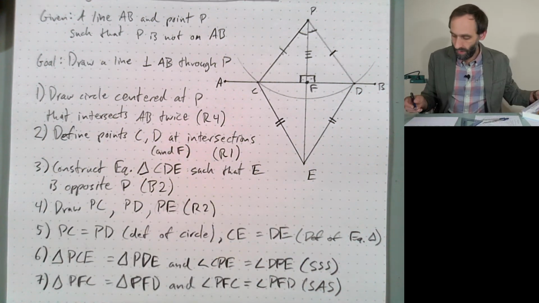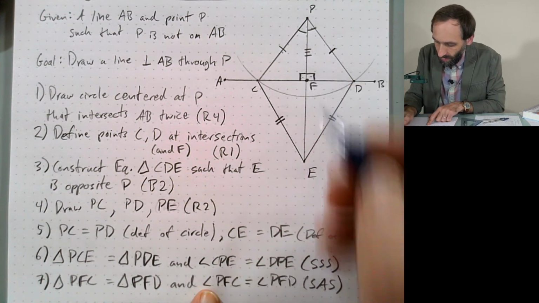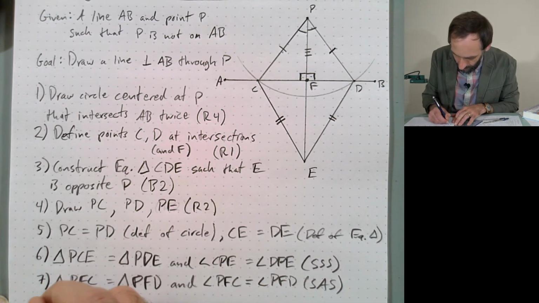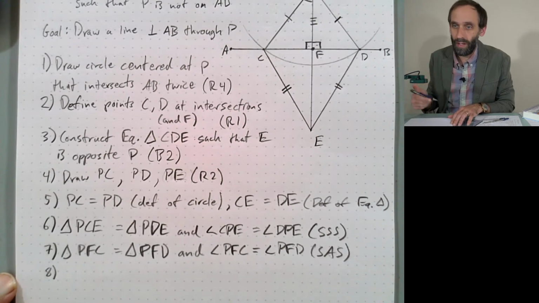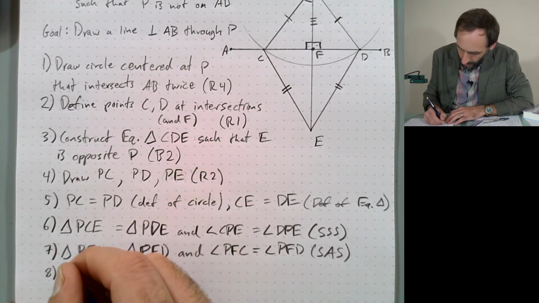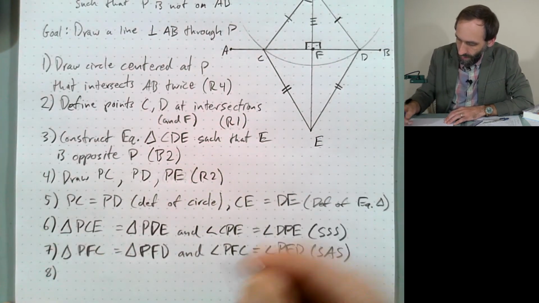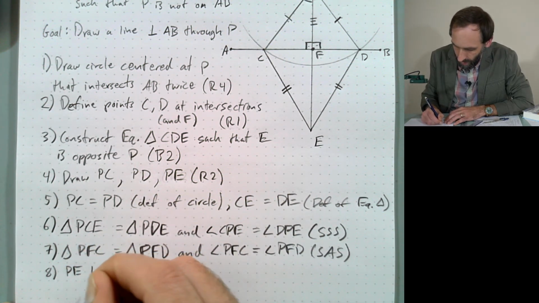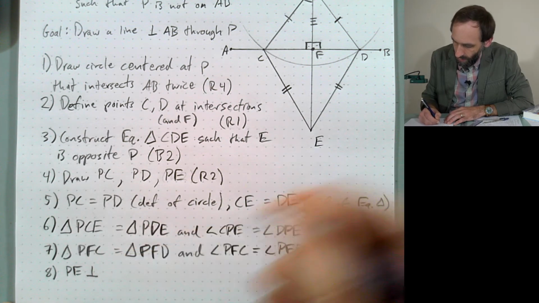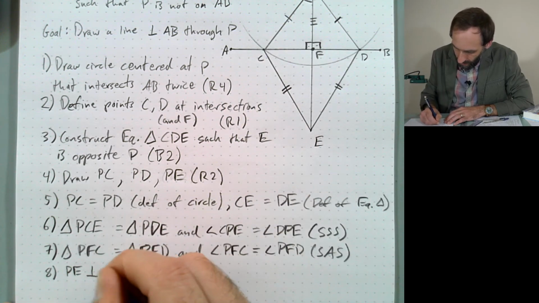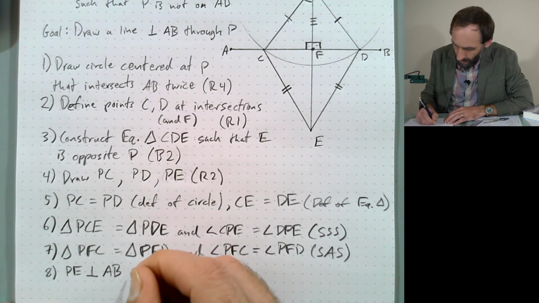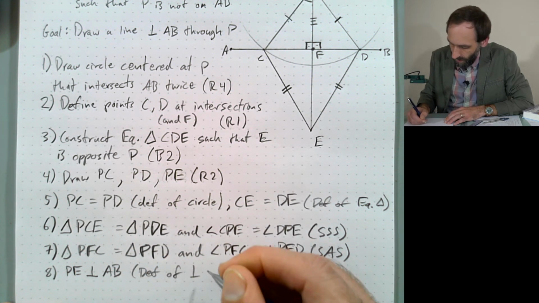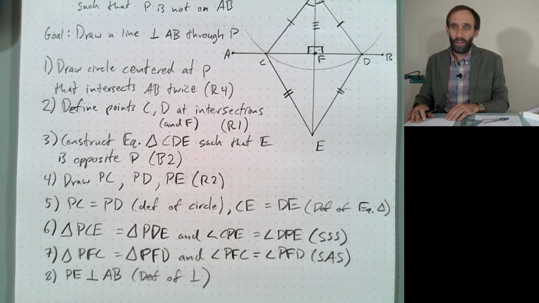So now that we see that these two adjacent angles are equal, we can follow up with step number 8 and say that this line here, PE, is perpendicular to this line AB, and that's by the definition of perpendicular, according to Euclid.